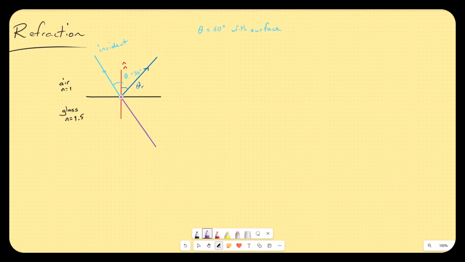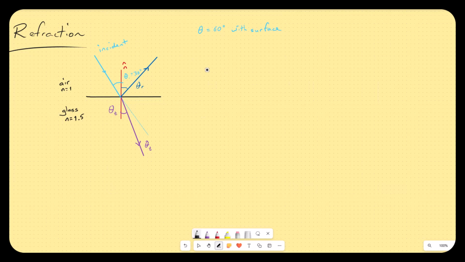Instead, I'm going from an n equals 1 to a higher index of refraction, n equals 1.5, which means I am slowing down. If I'm slowing down, I'm going to bend toward the normal. So I expect my refracted ray to bend toward the normal.